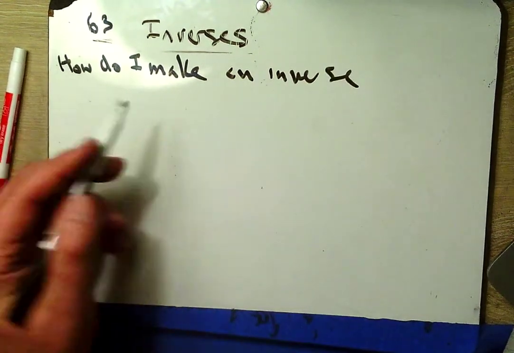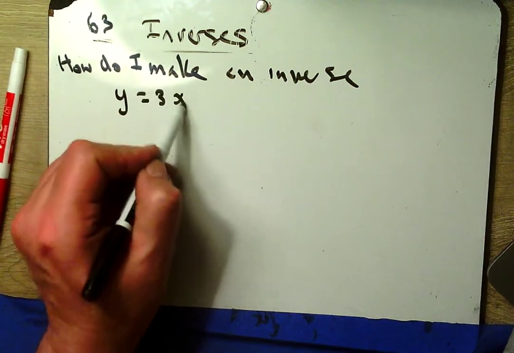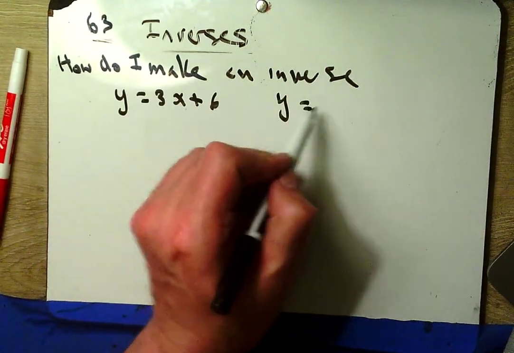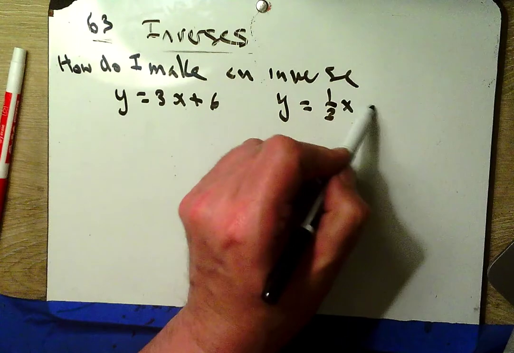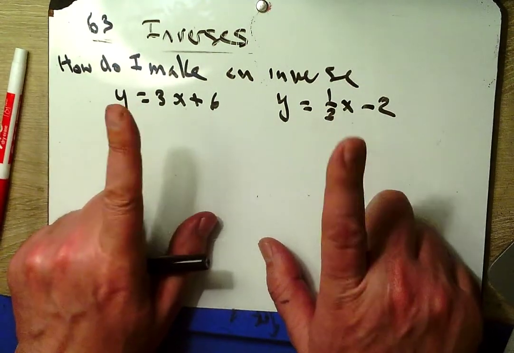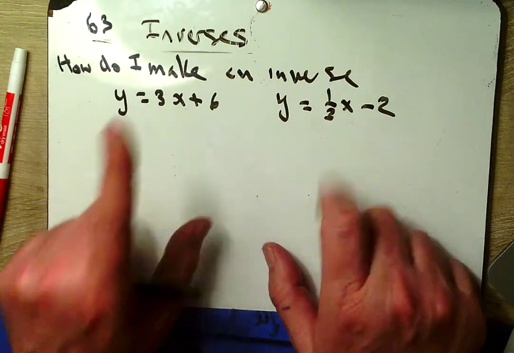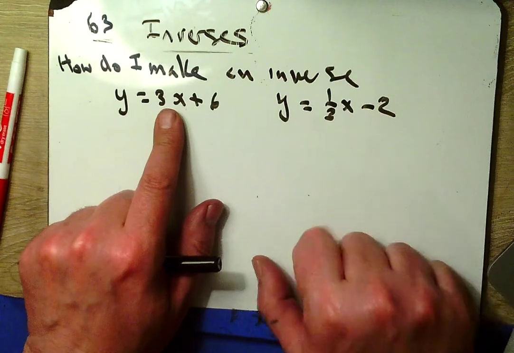Well, remember from the Bell work that we had y equals 3x plus 6, and we had y equals 1/3 x minus 2. And it turned out, I said that these were inverses of each other. So how does this turn into that?